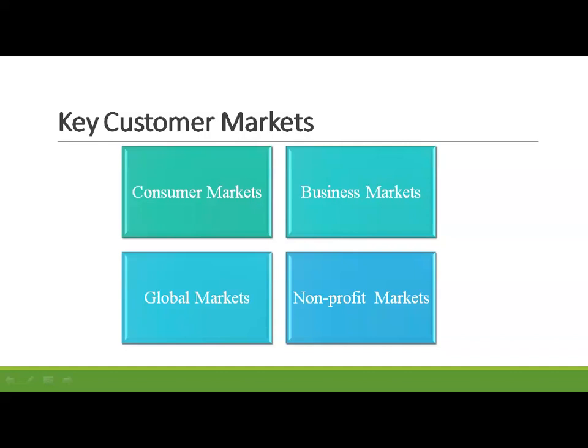to the buyers. Now, as far as key consumer markets are concerned, the business to consumer market, B2C market, can be divided into four parts: consumer markets, then business market, then global market, and non-profit market. Now we will start with B2C, that is, consumer markets.